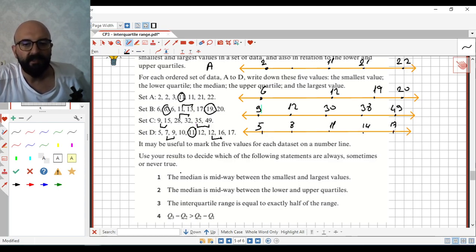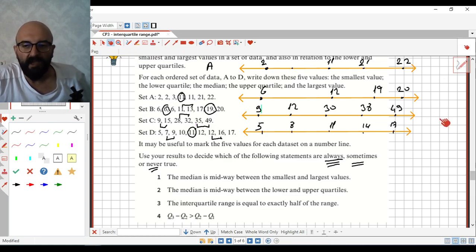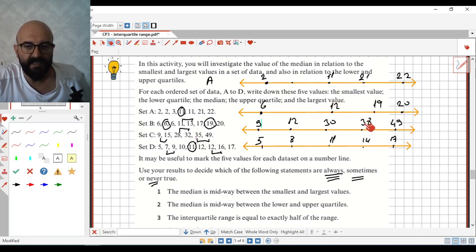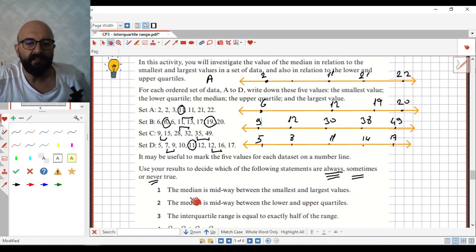Okay, and use the result to decide which of the following statements are always, sometimes, or never true. Now we have the data sets, and we decide on these sentences. First: the median is midway between the smallest and largest value.